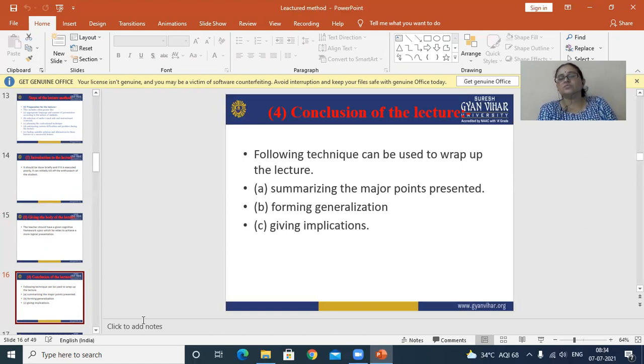Whenever you use closure of your lecture, you should remember these points in your mind.